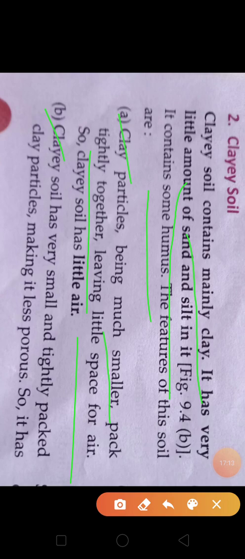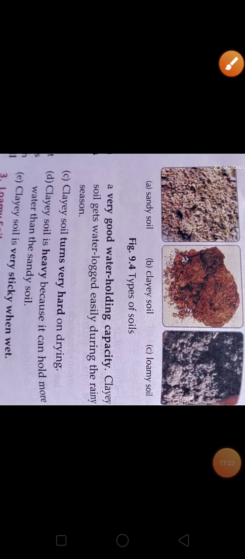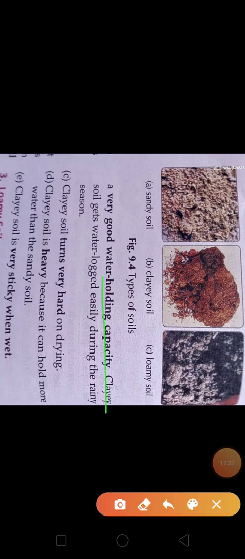Next, clay soil has very small and tightly packed clay particles, so that's why it becomes less porous. Okay, this is the highest or very good water holding capacity, because there is no gap between the particles. Okay, it is very hard when dry.